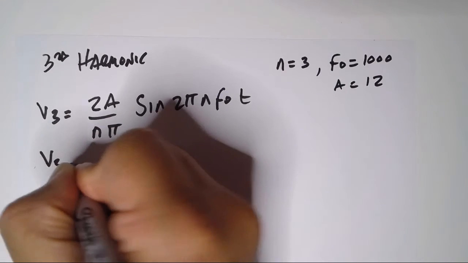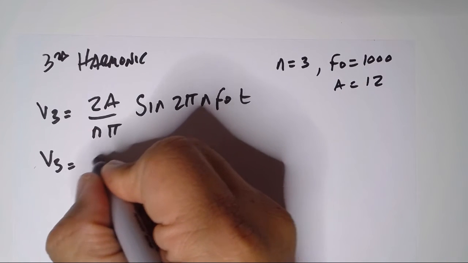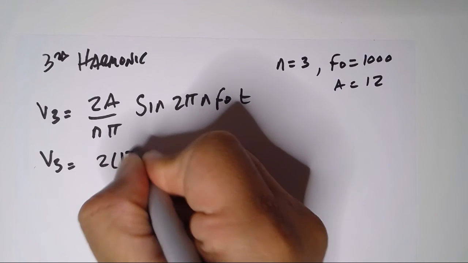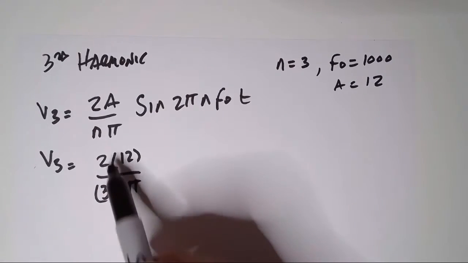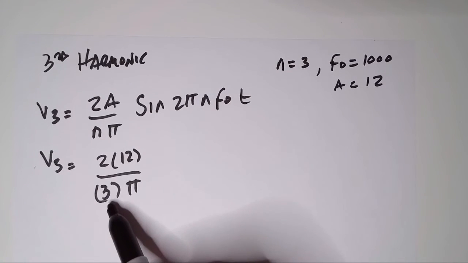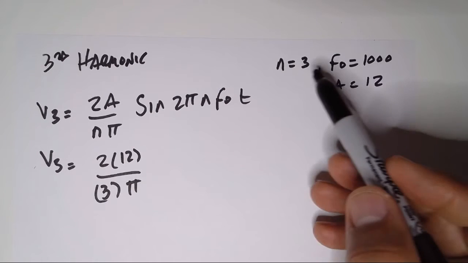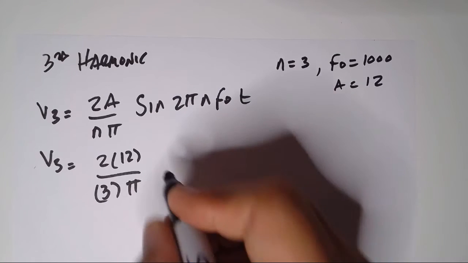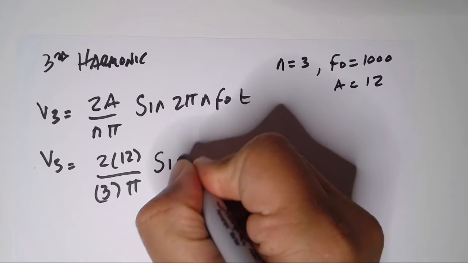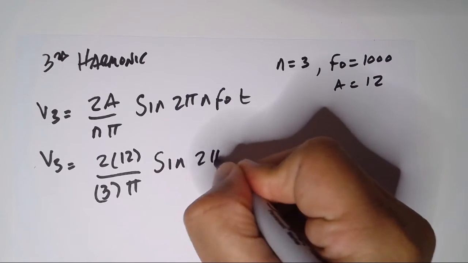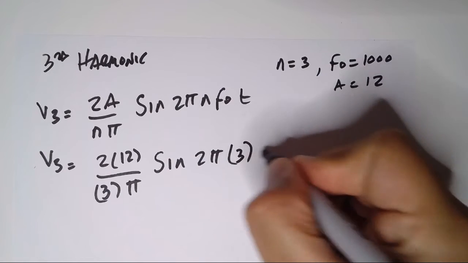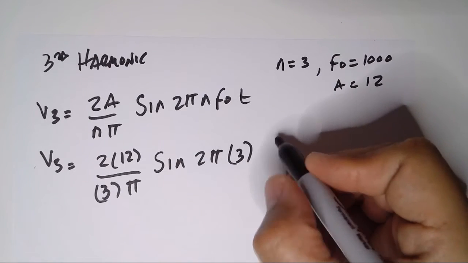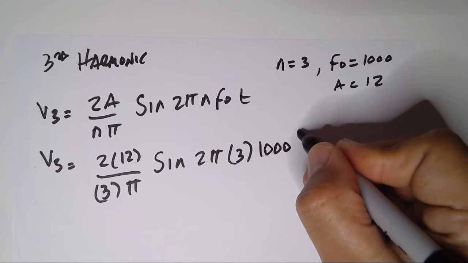So the third harmonic will be equal to 2 times 12 over 3 times pi, because we're replacing n with 3. And all this times sine 2 pi times 3 times the fundamental frequency, which is 1000, times t.